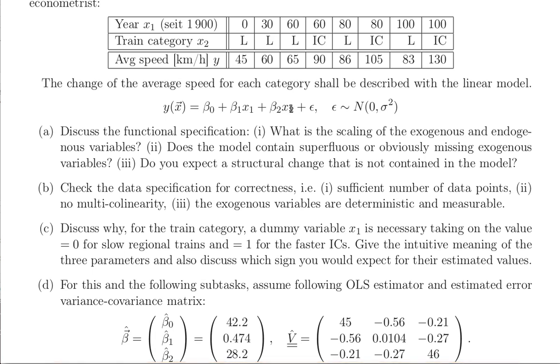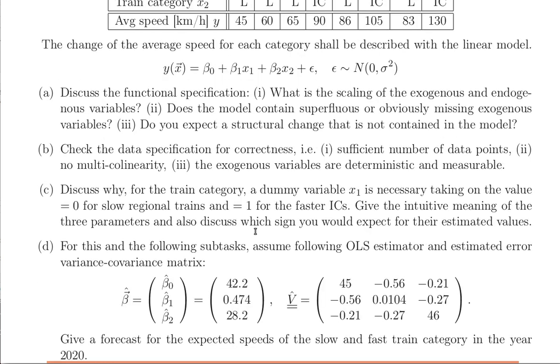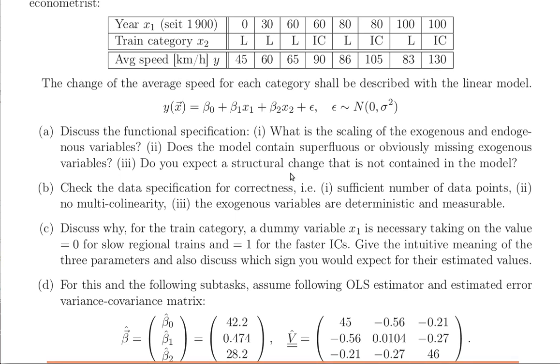So obviously the dummy is 1 if it's an IC, and it's 0 if it's a slow train. So this beta should be positive, because it indicates for a given year the expected speed difference between fast and slow trains, and in fact it is 28.2. That means on average the intercities are nearly 30 kilometers per hour faster than the local trains.